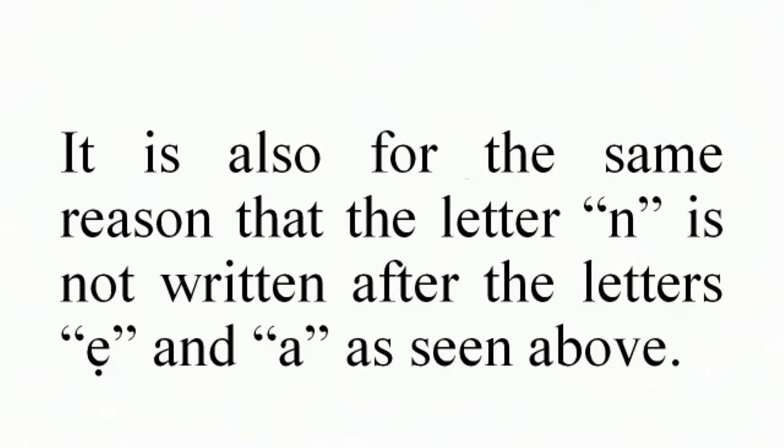It is also for the same reason that the letter N is not written after the letters E with a subdot and A seen above. Though some people will write Omwan as O-MWAN, that is wrong. That N is redundant. It's not needed at all.